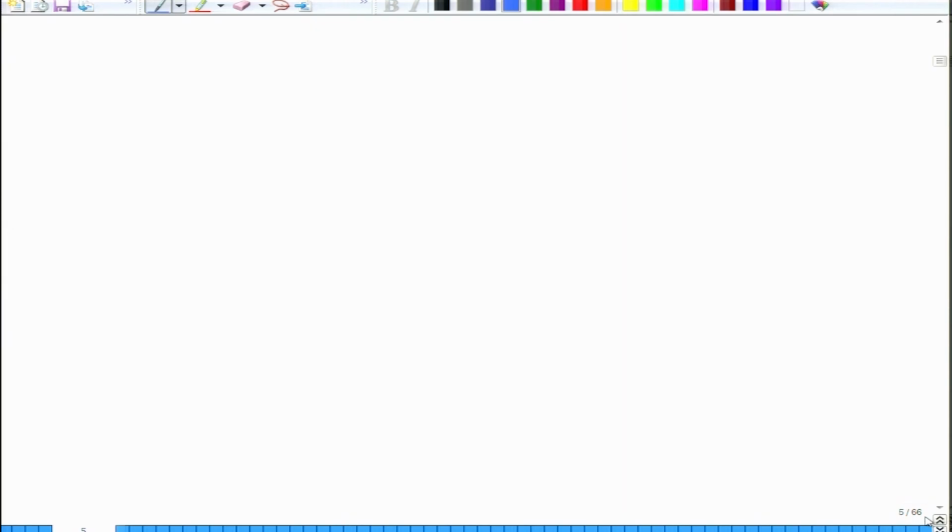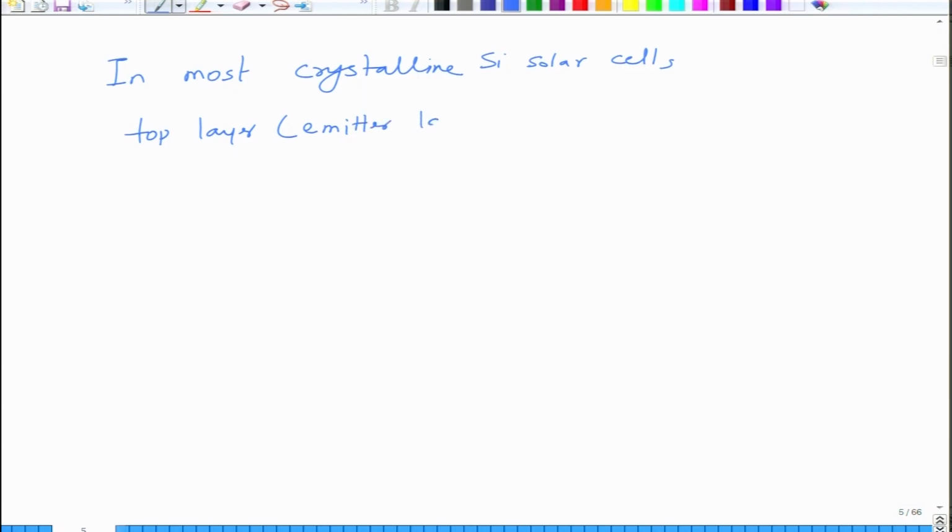Now how is it relevant to solar cells? In most solar cells, at least crystalline silicon solar cells, the top layer, which is called the emitter layer, is more heavily doped than the bottom layer.